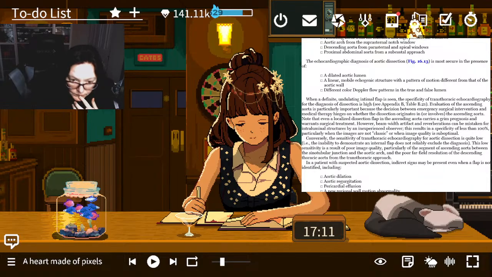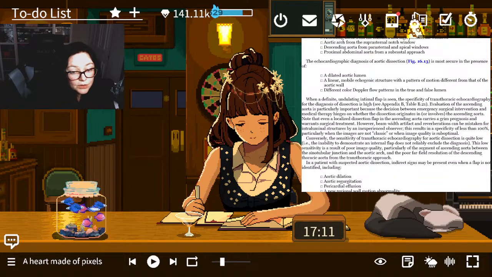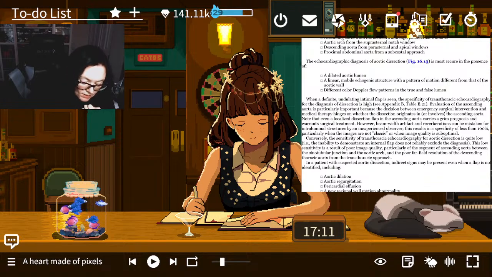Okay. The mosaic is not for the left atrial appendage. The mosaic is for the mitral valve. Okay. It's really close. It looks like it's the same thing.